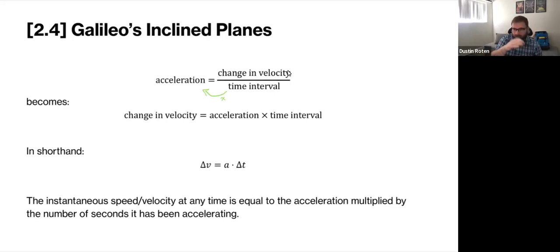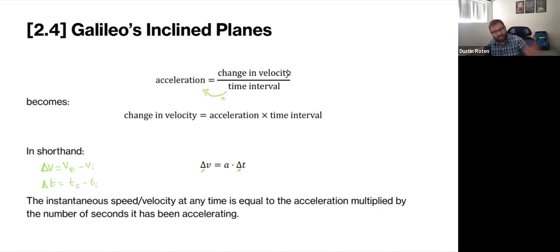Okay, so we're going to write it essentially in a shorthand notation. And you'll notice I've used some deltas here. These are the Greek letter delta. And all a delta means, so like delta V, is just the final value minus the initial value. In that case, a delta T would be the final time minus the initial time of the time interval.